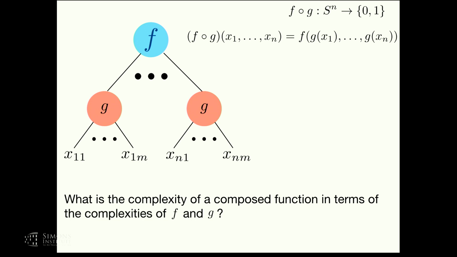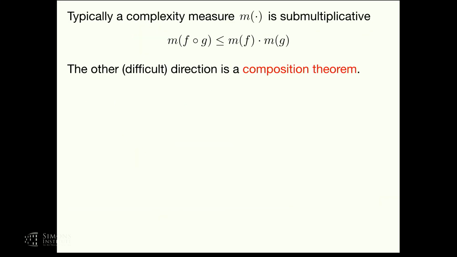And this is a question that you can study for many, many different complexity measures. So, say we have a general complexity measure m. What you expect from a complexity measure is that it's submultiplicative. Okay, so the complexity of f composed with g is at most the complexity of f times the complexity of g.